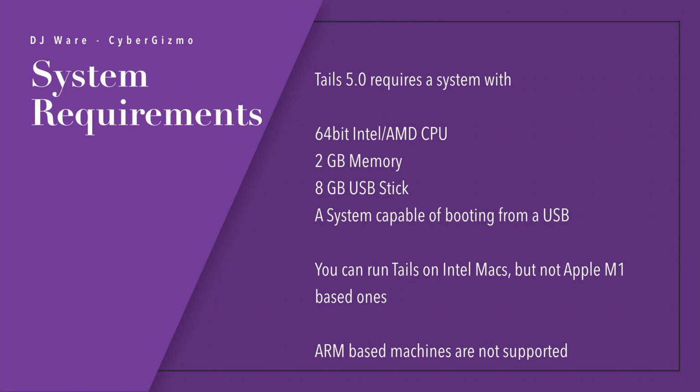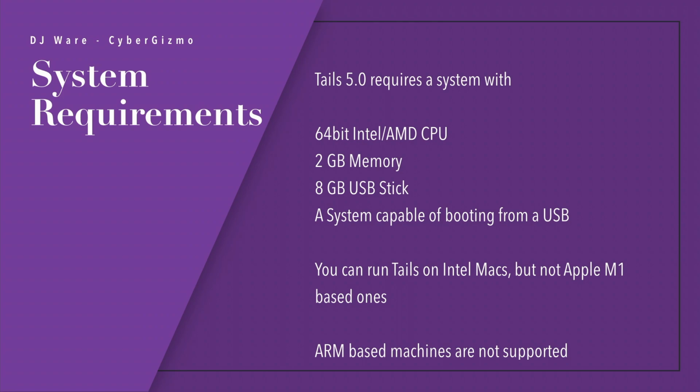Tails 5.0 requires a system with a 64-bit Intel or AMD CPU. You need at least 2 gig of memory, which, again, I'm going to chuckle because probably 4 gig would be more likely. You need at least an 8 gigabyte USB stick, particularly if you're going to have persistent storage on that USB.